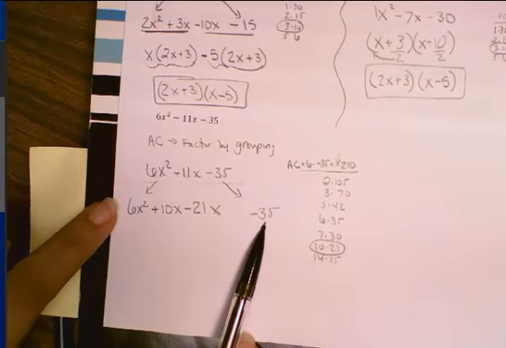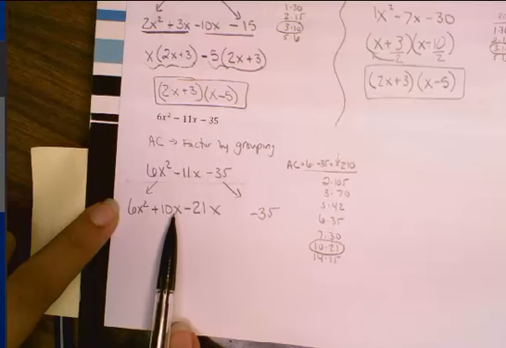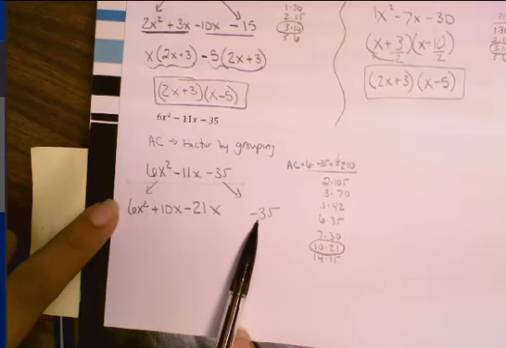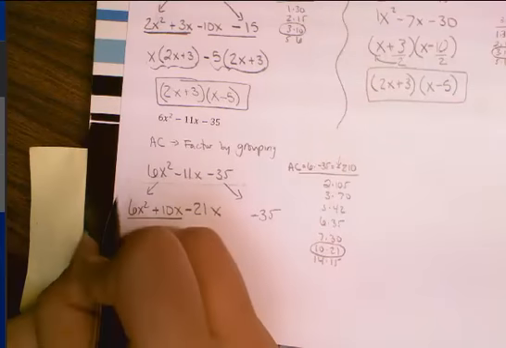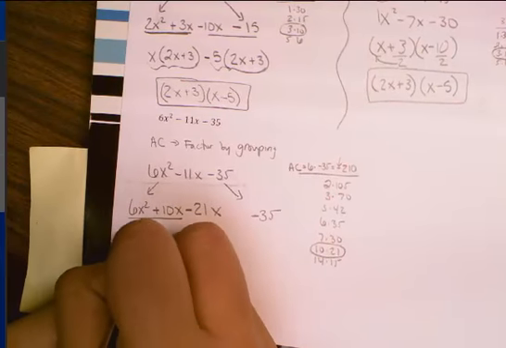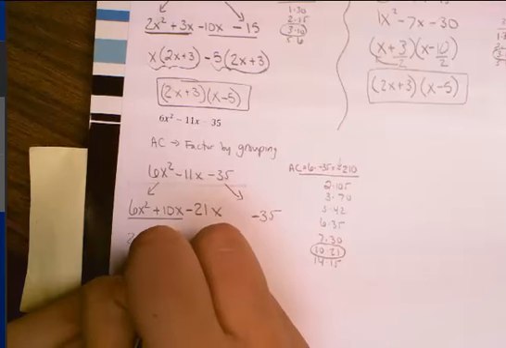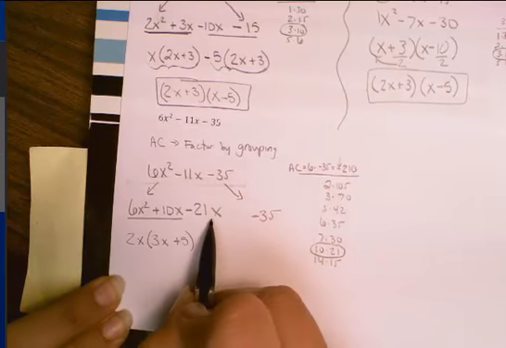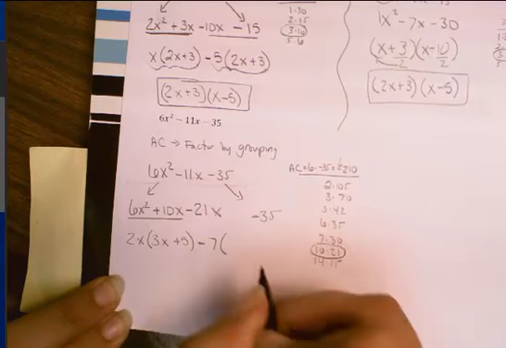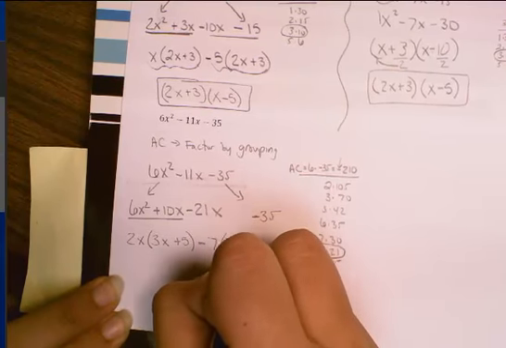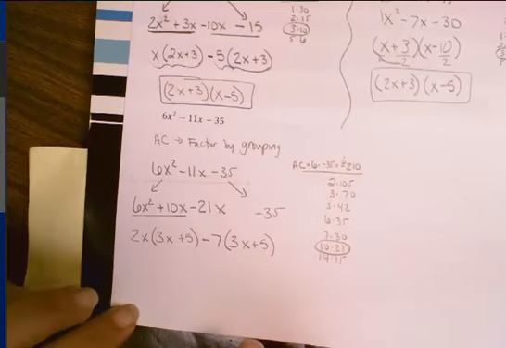Okay, so now that we've got this separated into two different terms, we can now factor by grouping. So I'm going to take these first two. It looks like a 2x can be factored out of both of those, leaving me with 3x plus 5. And then over here it looks like a negative 7 can be factored out of both of those, leaving me with 3x plus 5 again.